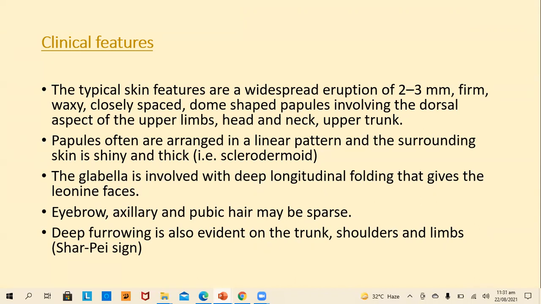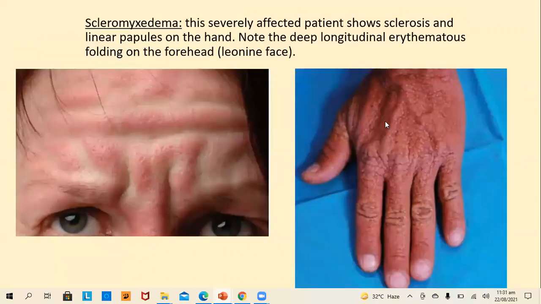Eyebrow, axillary, and pubic hairs may be sparse. Deep furrowing is also evident on the trunk, shoulder, and limbs, which is the Shar-Pei sign. You can see the typical leonine facies on one side and small diffuse papular eruption, which is typical of scleromyxoedema.